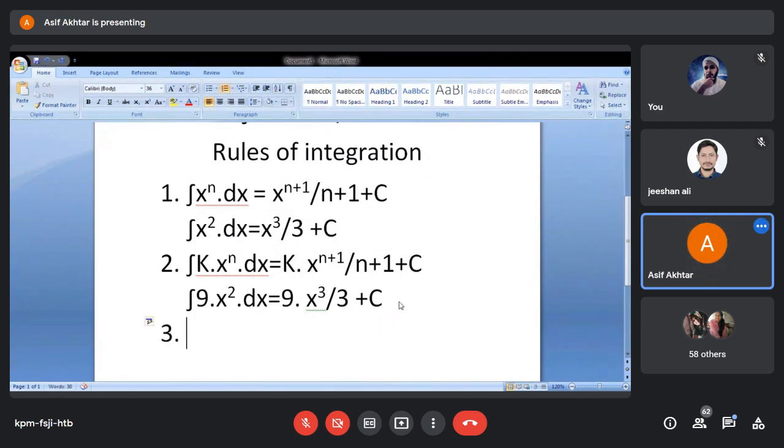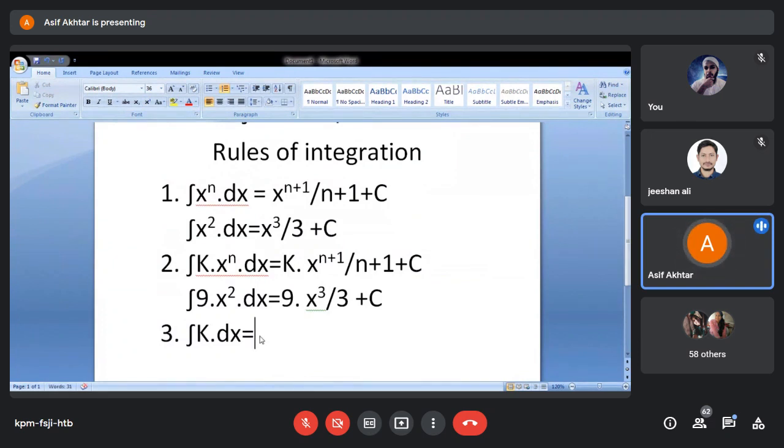Third, if we have only a constant, for example, if we only have a constant k and we don't have any exponential function, we simply have this constant k, and then we have to take the integration of this.